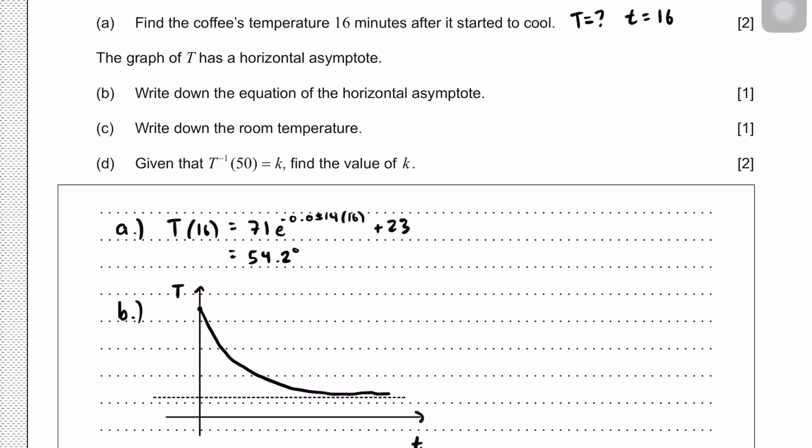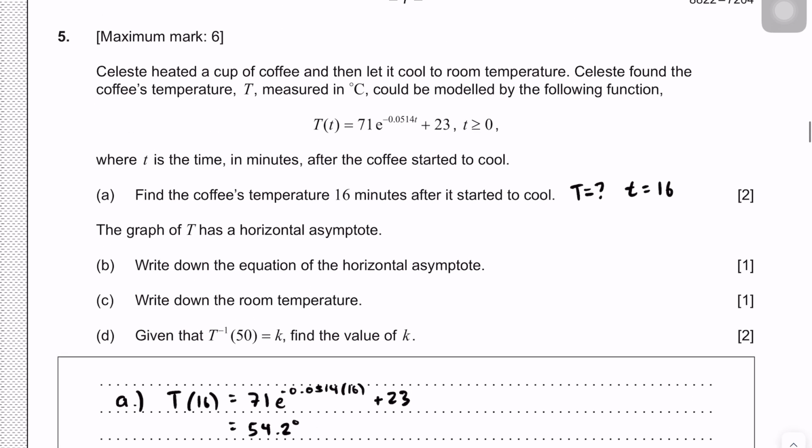So essentially what happens, as t gets very, very big, this term itself will go to 0. And all we're going to be left with is this constant right here of 23.